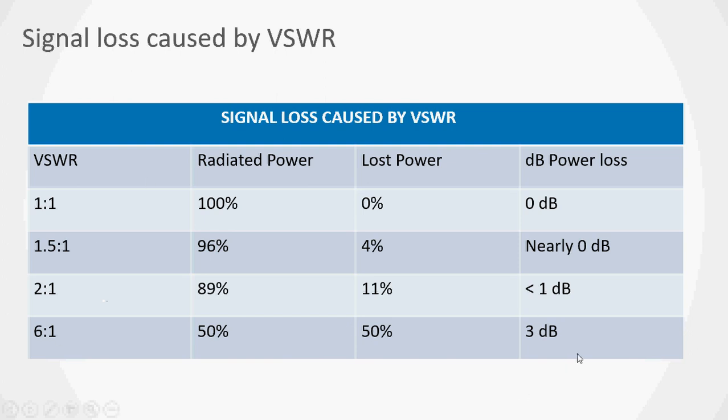So 6:1 results in a 3 decibel loss in power. So it is very important that the site engineer checks all the interconnected equipment, and that they should be of the same impedance. If there is an impedance mismatch, please get it rectified immediately, else the system would not perform up to expectations.